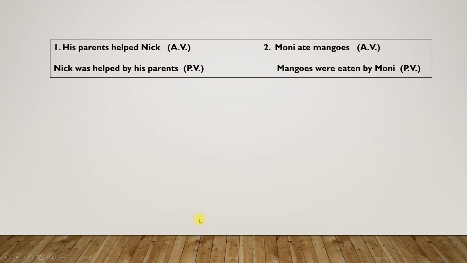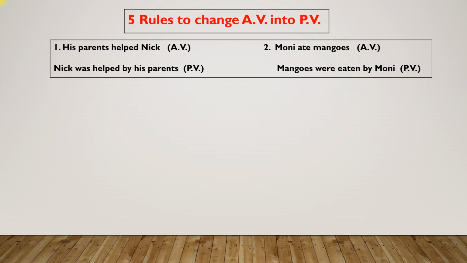Friends, how should we change an active voice into passive voice? There are simple 5 rules to change an active voice sentence into passive voice. For example, his parents helped Nick. Is it active voice or passive voice?